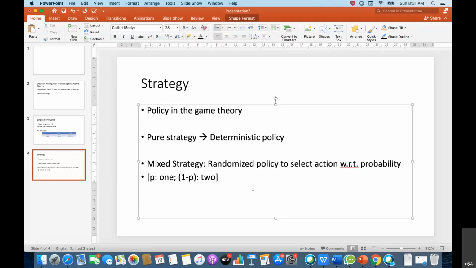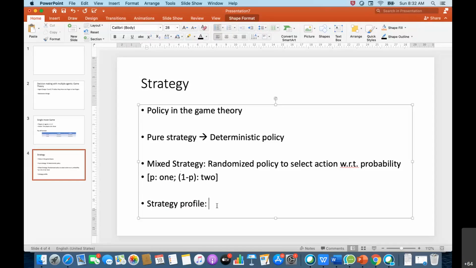And there comes another terminology, that is strategy profile. What does strategy profile mean? Strategy profile is that before beginning the game, some strategy is assigned to each player.